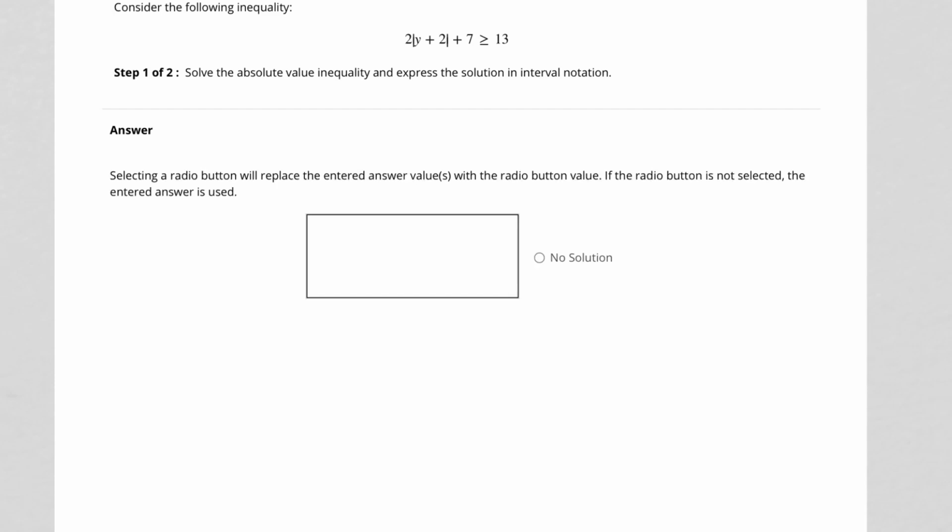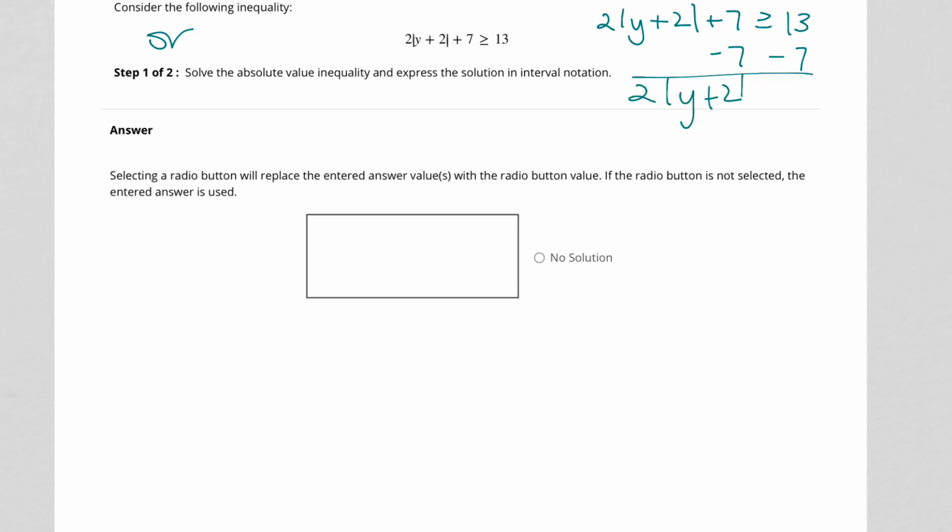Here we have 2 times the absolute value of y plus 2, plus 7, greater than or equal to 13. Greater than means this is an or. We need to put it in standard form, so I'm going to subtract 7. 2 times the absolute value of y plus 2 greater than or equal to 6.